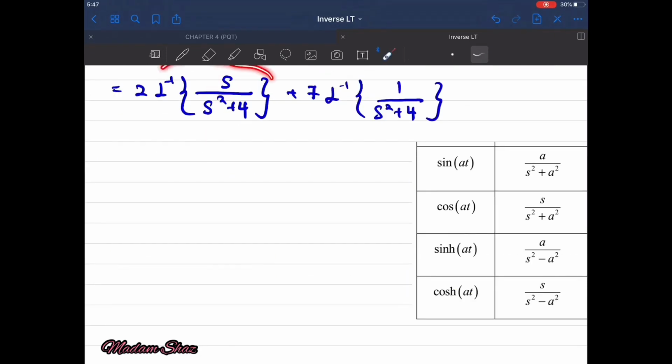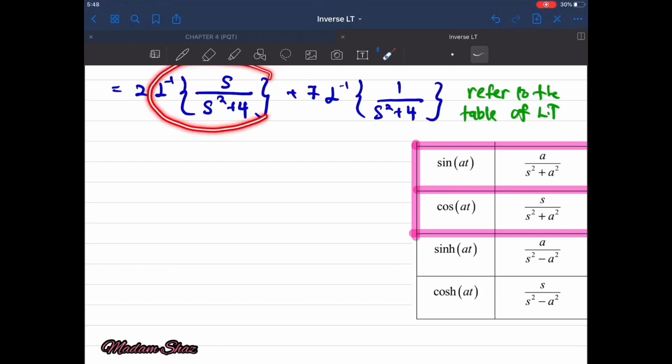So you have to refer to the table of the Laplace transform, whereby you have s at the upper side and you have s square plus a number at the bottom side. So the suitable one is s at the upper side, s square plus a square at the bottom side, which will become cos of at. For the second Laplace inverse, we have a number at the upper side, so the suitable one is a over s square plus a square, whereby the answer will become sin of at.